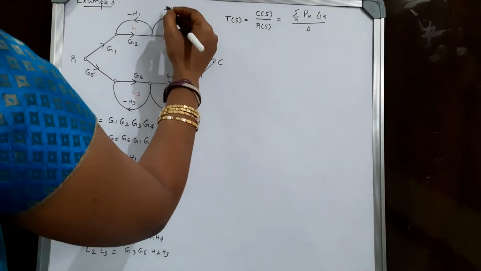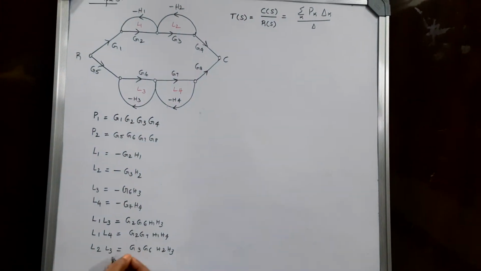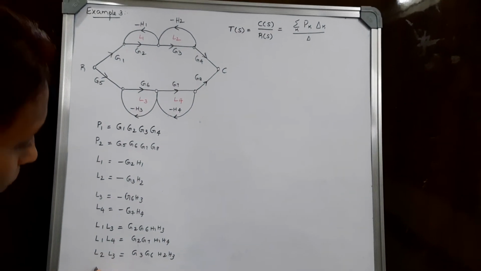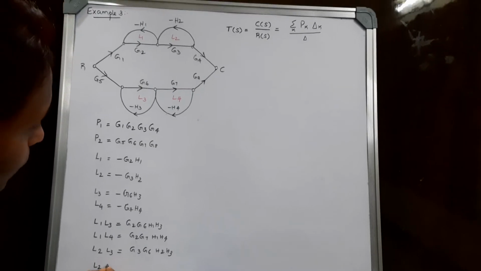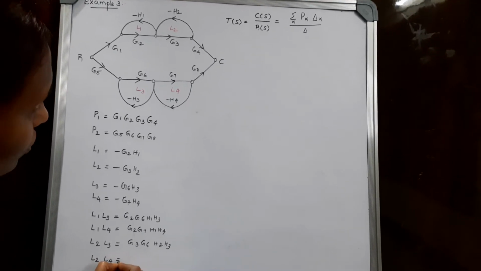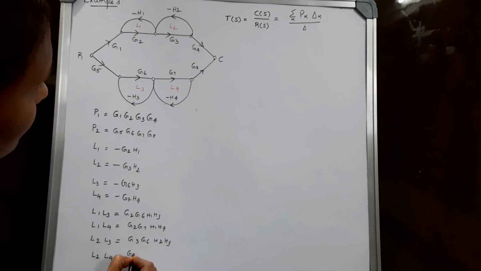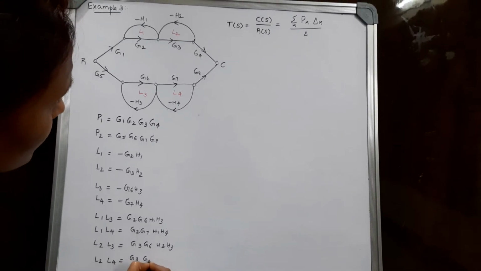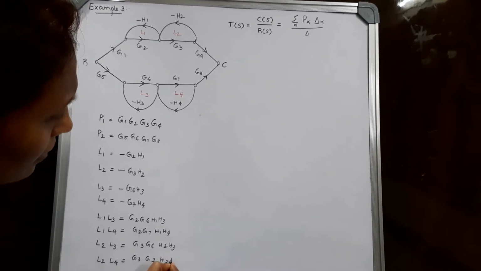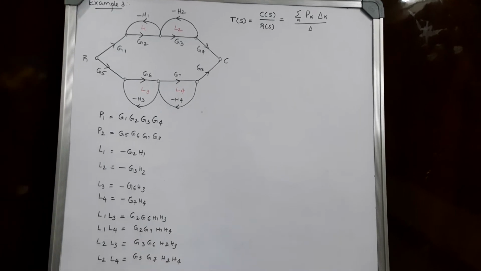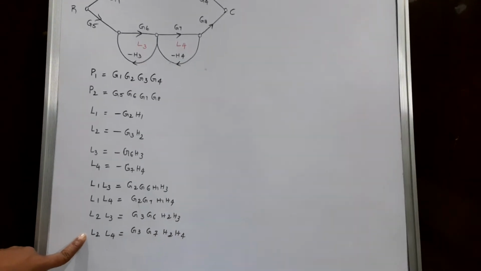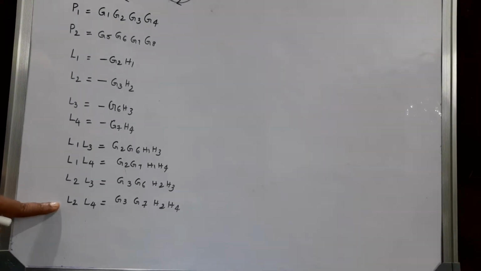This minus and this minus becomes plus, so I have a positive sign here. Then another one is L2 and L4 combination, L2 having G3, L4 having G7, H2 and H4. So totally we have 4 combinations of non-touching loops taken 2 at a time.